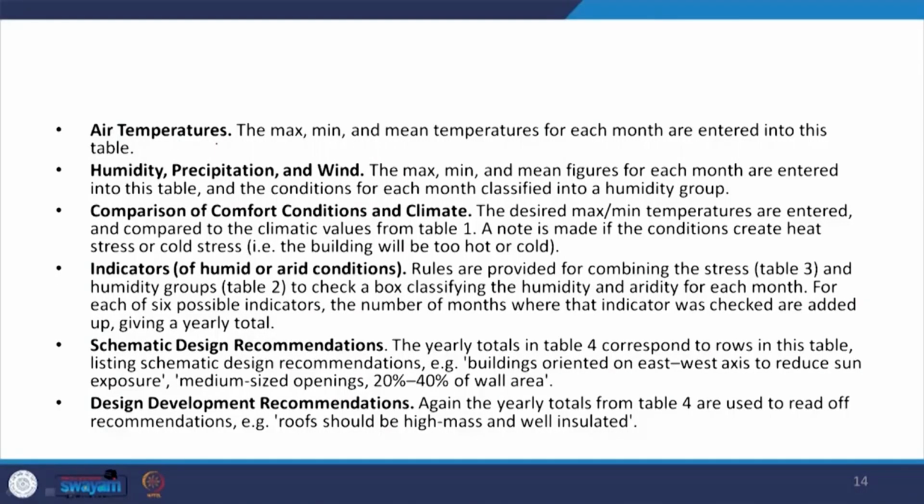The parameters that we consider here are air temperature, humidity, precipitation and wind, and using these we compare the comfort conditions and assess the climate. On the basis of this, the indicators are decided and the climate is assessed as humid or arid, and a schematic design recommendation is provided.